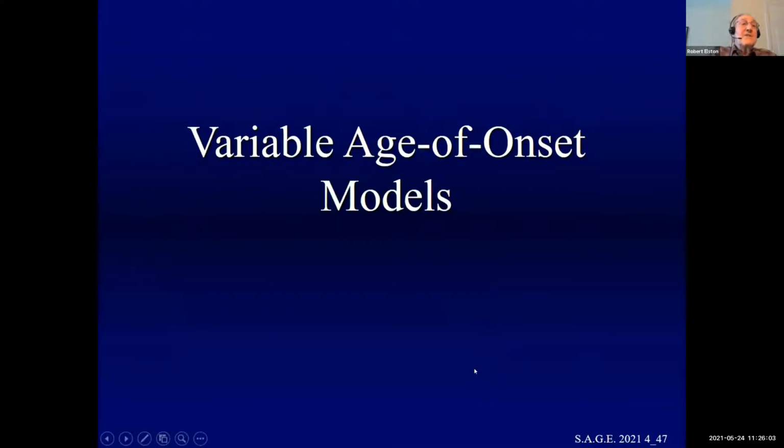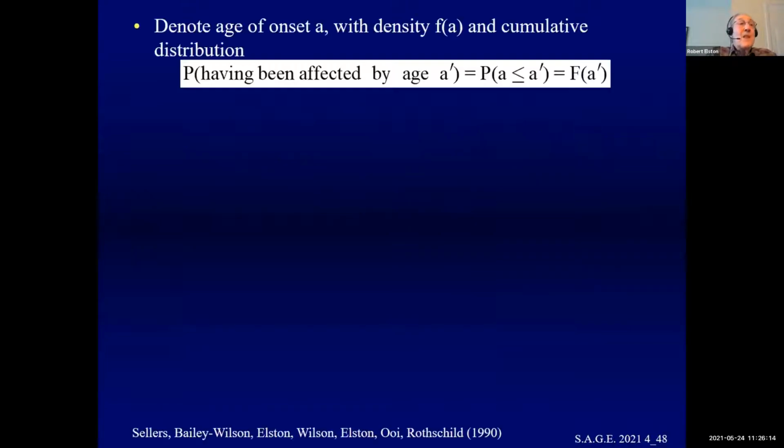So we discussed variable age of onset models before, and I'm going to repeat some of what I said, but I'll add a little extra this time. So we denote the age of onset A with density FA, and the cumulative distribution is the probability of having been affected by age A prime, capital FA prime, okay?